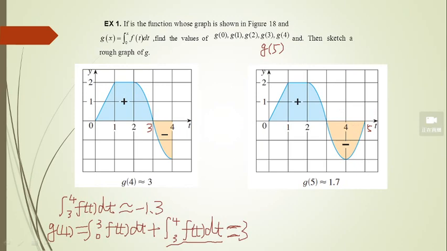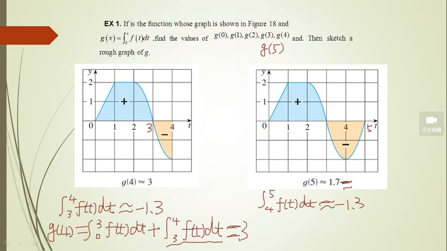So the definite integral of ft dt from 4 to 5 is also minus 1.3.